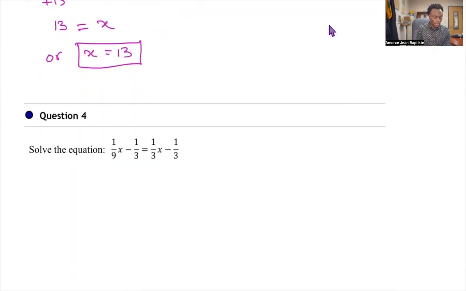Next example here is this. We have multiple ways we can start this. If you want to multiply by the LCD, whenever I have fractions, I tend to clear my fractions. So the LCD here is 9. If we multiply by 9 everywhere, that would be x minus 3 equals 3x minus 3.